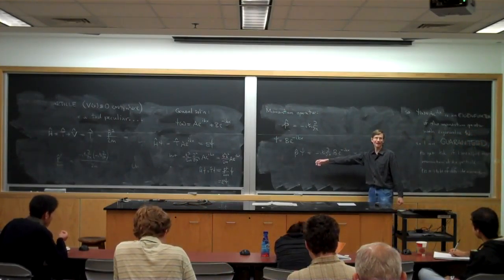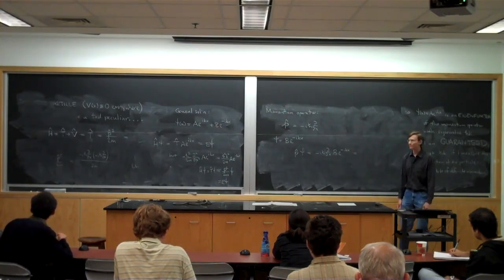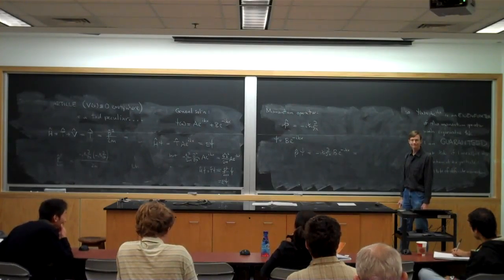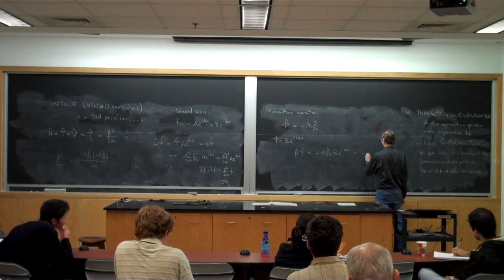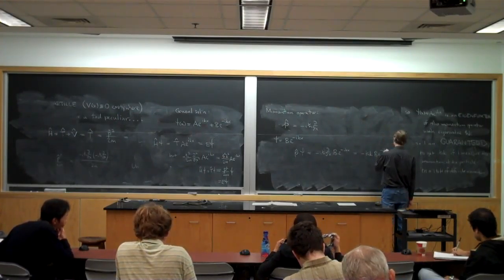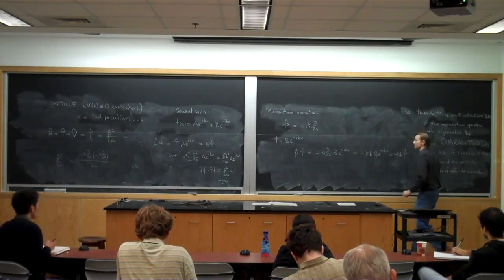So what if we apply the momentum operator to b e to the minus ikx? What happens then? Yeah, you get minus h bar k b e to the minus ikx. So we get minus h bar k times the original psi.